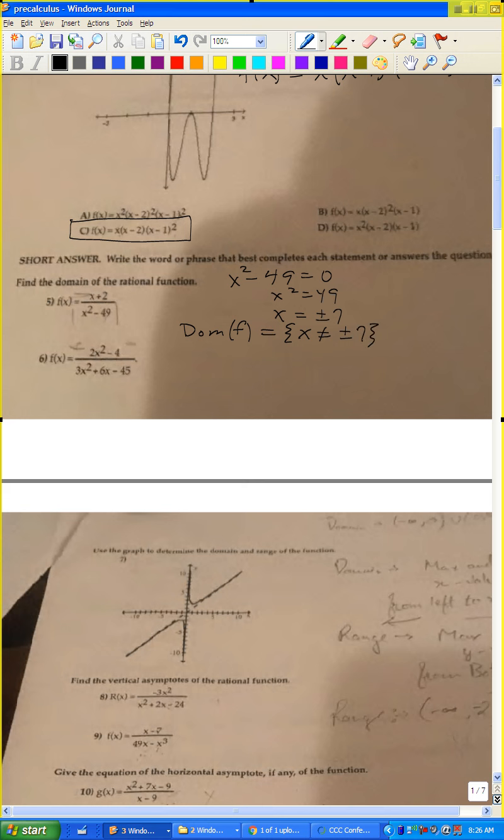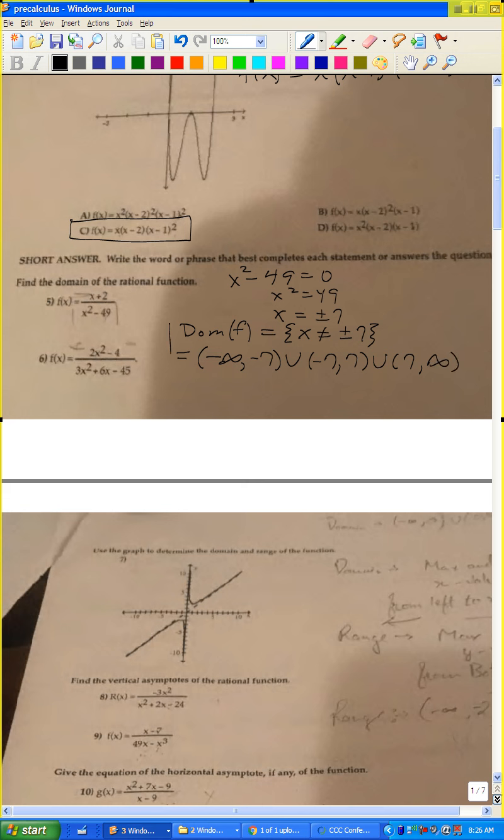If he wanted your answer to be, say, in interval notation, then it would be negative infinity to negative 7, union negative 7 to 7, union 7 to infinity.